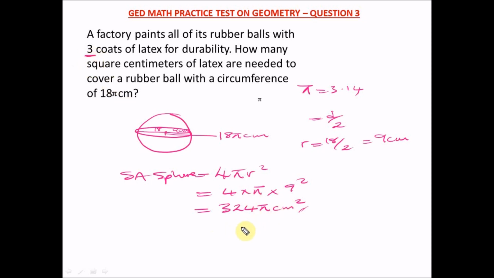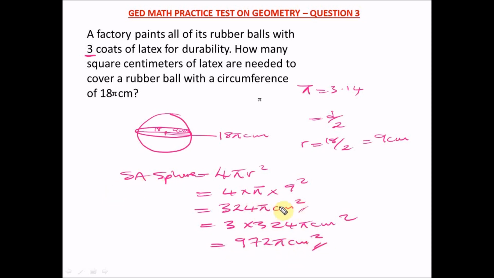So all we need to do to get the square centimeters of latex needed to cover this rubber ball is 3 times 324 pi centimeter square. And when you multiply this, we're going to have 972 pi centimeter square.